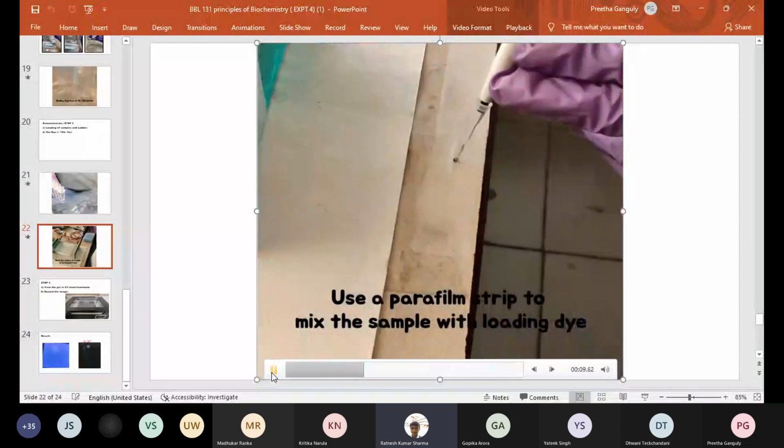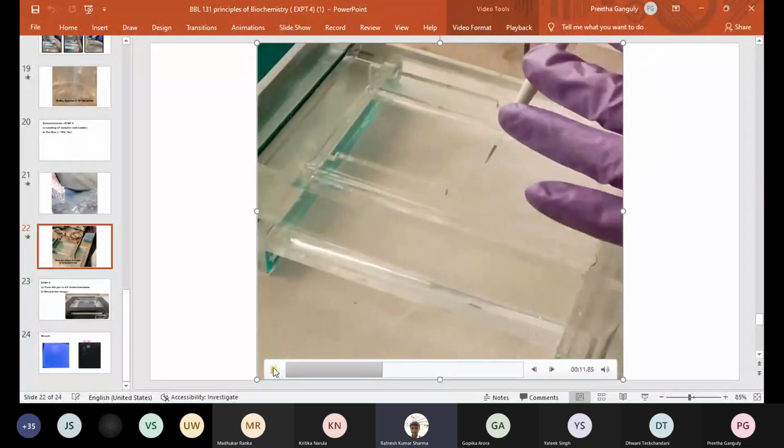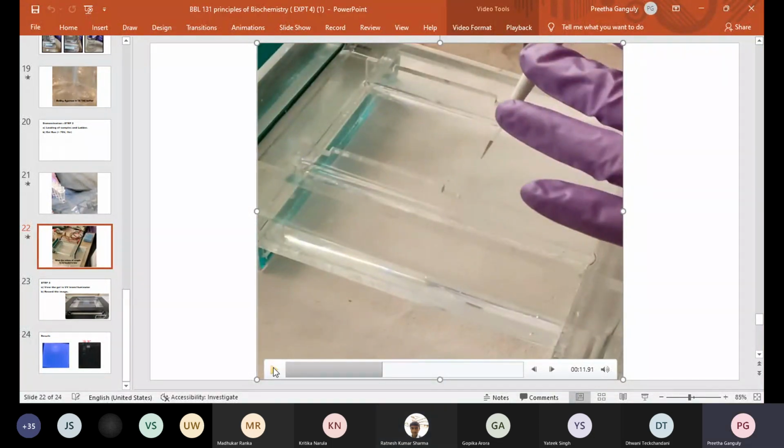Ma'am, what is a parafilm strip? Can you please explain again? Yes, it's a rubber-like film that is used to wrap something. When you come into the lab, you can see we generally use parafilm to wrap the material so that it doesn't get contaminated. It's a plain rubber strip.